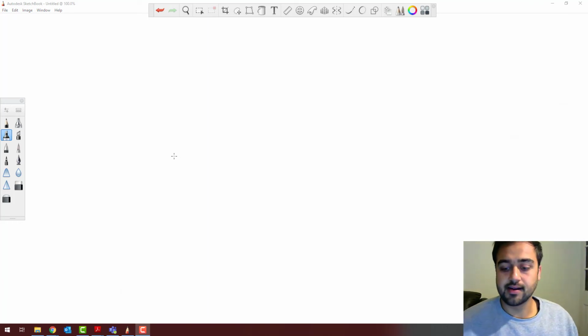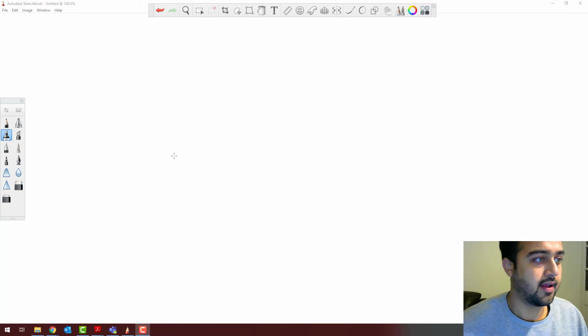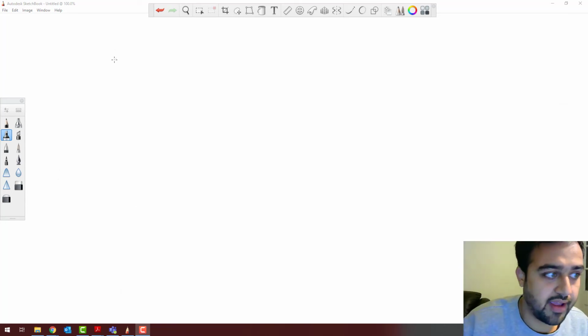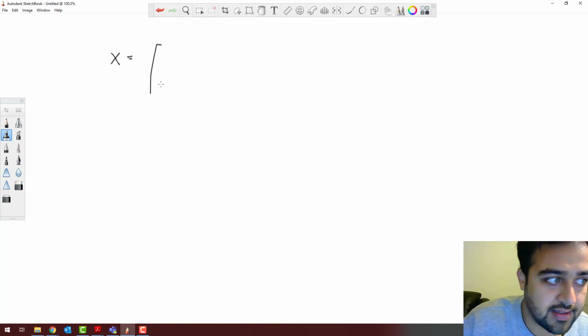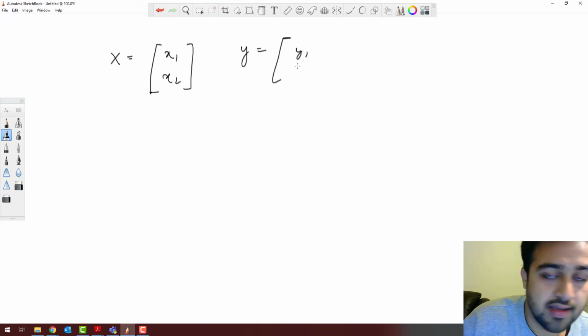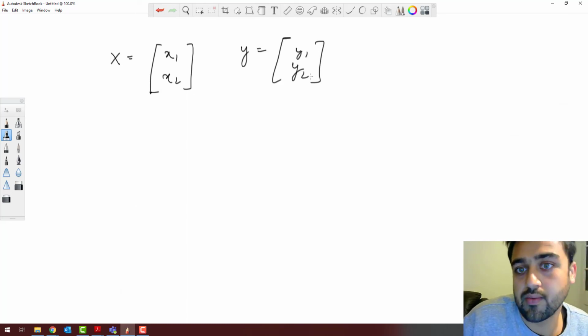So let's understand the kernelization trick with the help of vectors, or the feature representations, right? Let's say we have our 2 points, x defined by x1, x2 and y as y1 and y2.